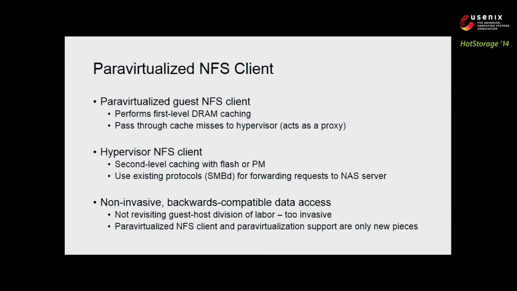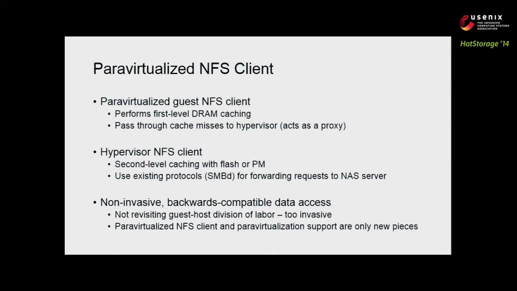So essentially, with the para-virtualized NFS client, the main NFS client runs within the hypervisor, and there is a lightweight guest NFS client that acts as a proxy and forwards requests to the hypervisor. It would perform a first-level DRAM caching, but cache misses would be propagated to the hypervisor NFS client.